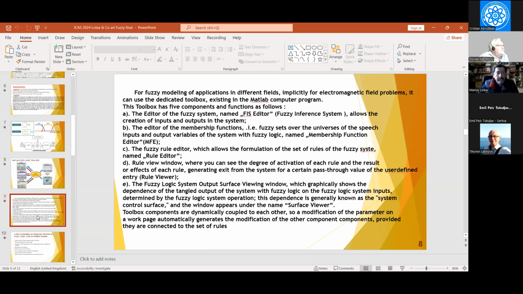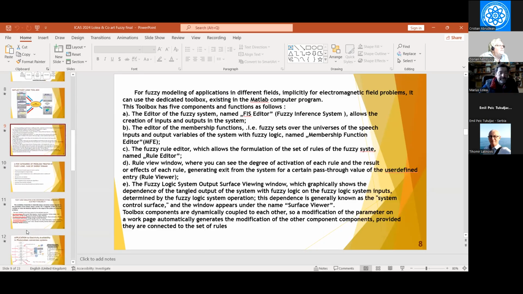Okay. For fuzzy modeling of different applications in different fields, explicitly for regular field problems, you can use the dedicated tools existing for multi-component problems, as you can see after that.